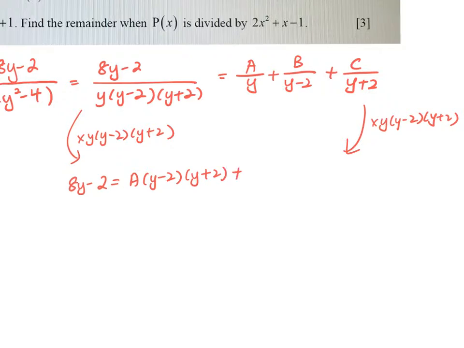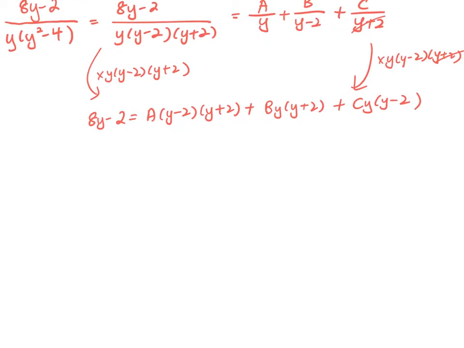A multiplies (y - 2)(y + 2), then B multiplies y(y + 2) since the y - 2 cancels off, and C cancelling off y + 2, I'm left with C times y(y - 2). Finding A, B, C is quite easy because the factors are all quite distinct.